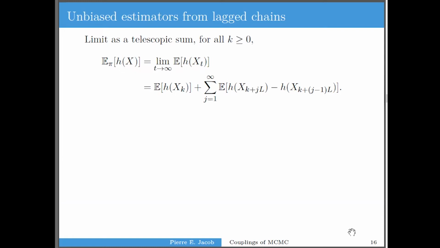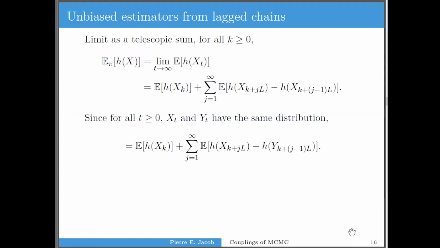You write the limit as a telescopic sum. So I start at an arbitrary time k, and the expectation of h(X_k), and then you add the expectation L steps later, and you remove it. And then 2L steps later, and you remove it, and so on and so forth.